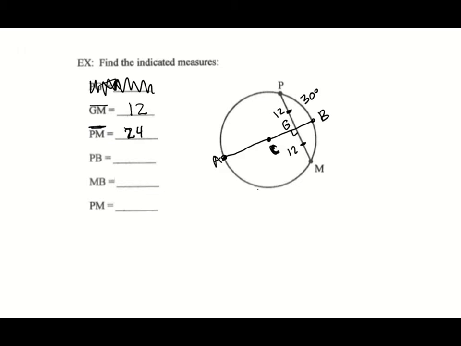Then our arc PB, that is already given information, that is 30 degrees. But if we know that that arc here is congruent to this arc here, arc MB, then that is also going to be 30 degrees. And then if we want to find the whole arc PM, we can add both those pieces together. 30 plus 30 gives me 60 degrees. Okay?